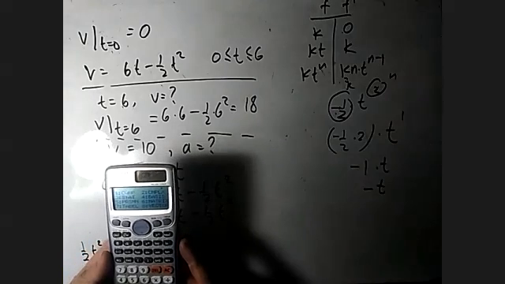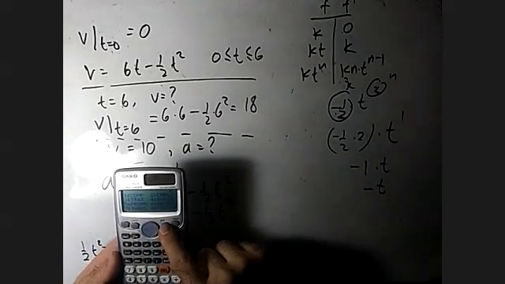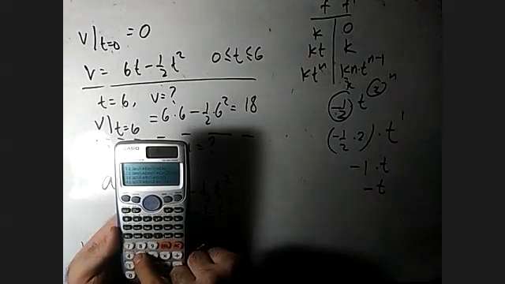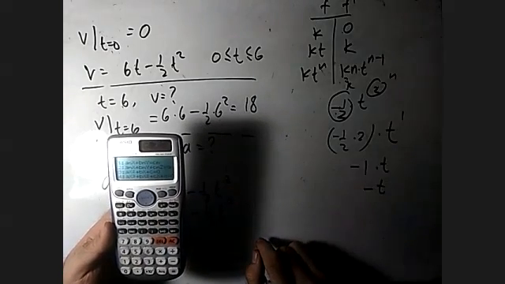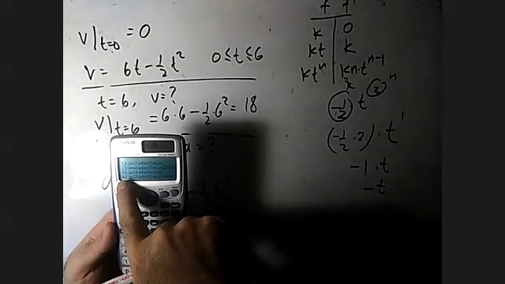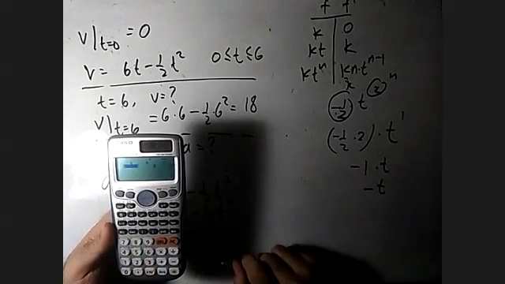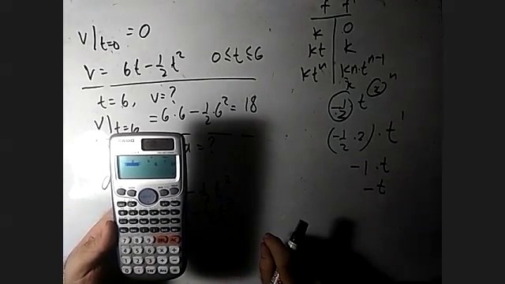Now I'm using mode here. Use mode number 5 for equation. And there are several possible equations here. For quadratics, use number 3, ax squared plus bx plus c. So put 3 there. In this case, you need to put the value of a and b and c.